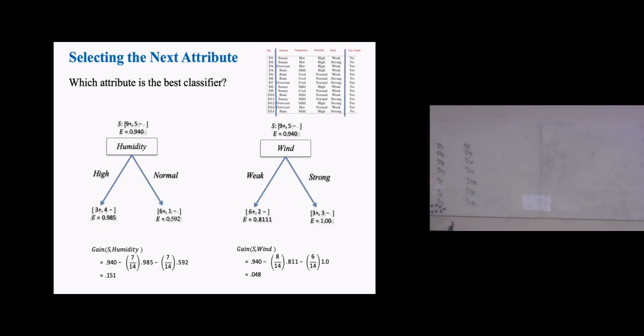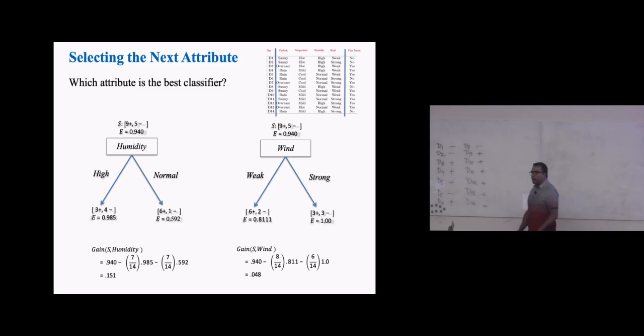So no, no, yes, yes, yes, and then no, yes, no, yes. And then no and no, here and here, everything else is yes. Nine yes and 5 no. Yeah. So this is our data set, right? That is given.